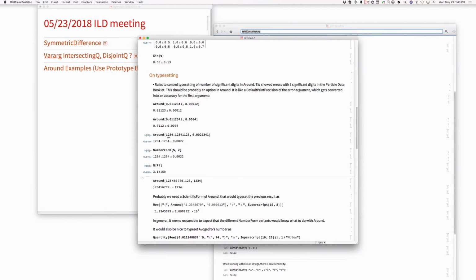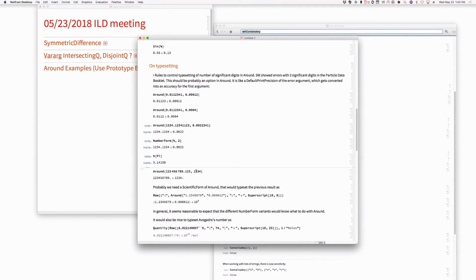I hate the trailing periods here. Do we really need them? Well, not representing the fact that these are approximate numbers. It's obvious they're approximate numbers. Can you in fact have an around? What does around do?